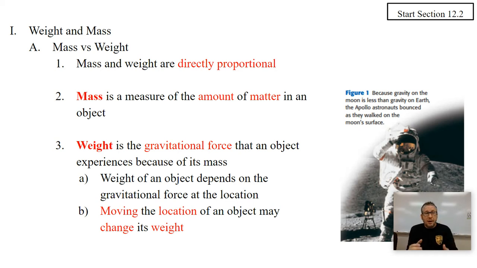So moving the location of an object may, and most likely will, change its weight. You might even have some slight fluctuations here on Earth, depending on where your location is. It may not be huge in terms of its difference, but there may be.